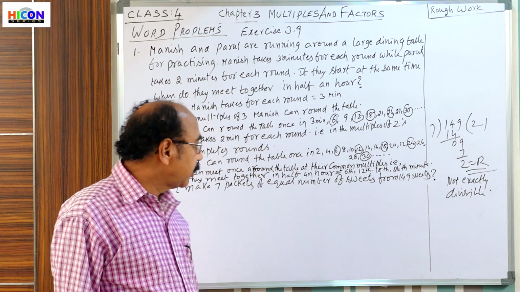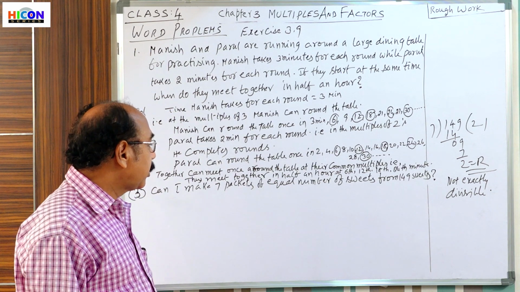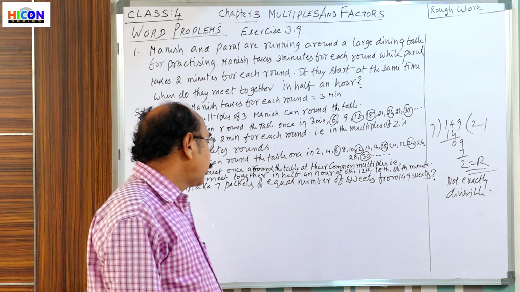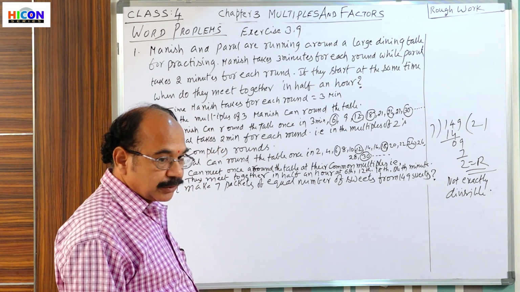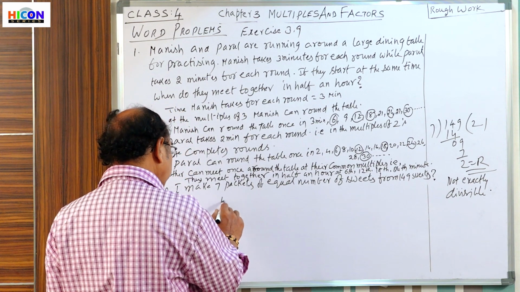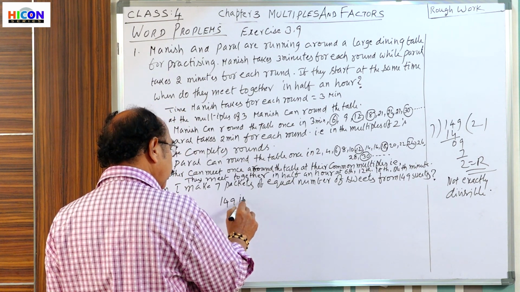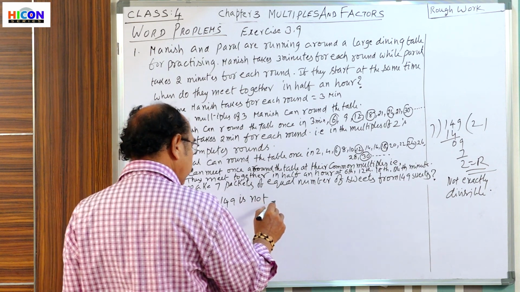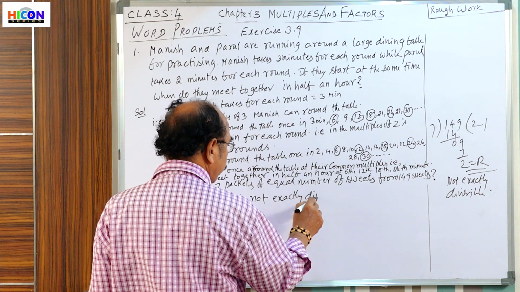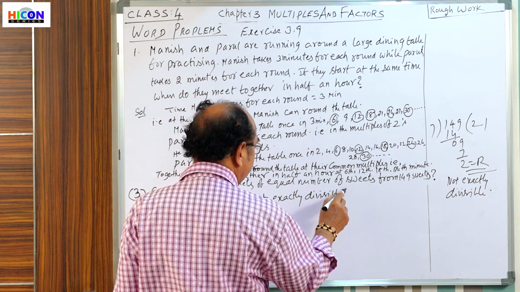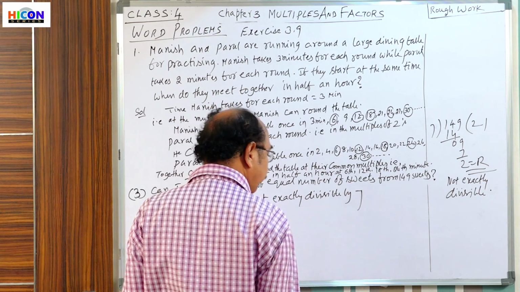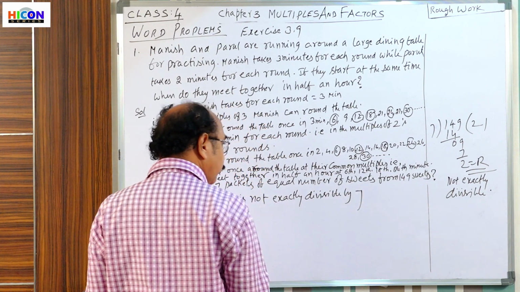That's why we write here, no, we cannot make 7 packets of equal number of sweets, because 149 is not exactly divisible by 7. We get a remainder.